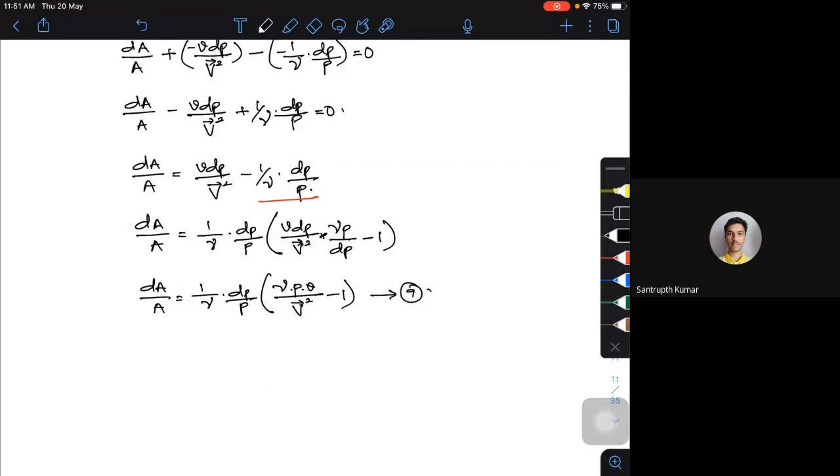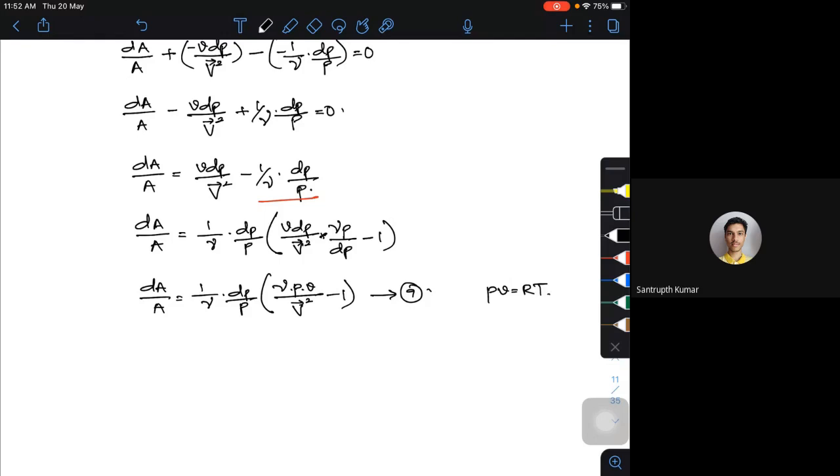Now you know that there is something called sonic velocity, at a given pressure and a given volume V, which is given by square root of gamma RT, because we know that PV is equal to RT.